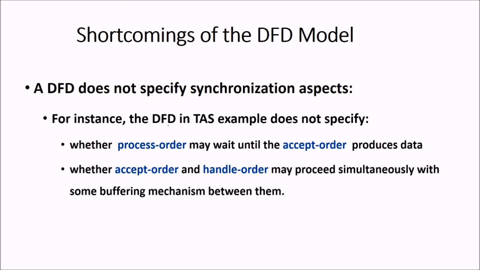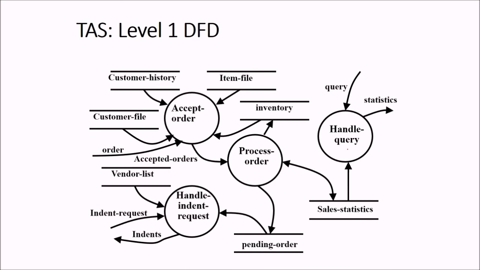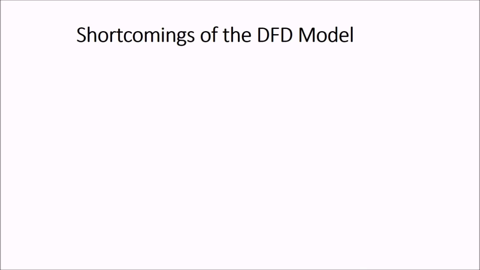For instance, the DFD in the TAS example we discussed at length in the beginning of this discussion does not specify whether process order may wait until accept order produces data, or whether accept order and handle order may proceed simultaneously with some buffering mechanism existing between them. This is the level 1 DFD of TAS, and you can very well see, as we have already shown you, all those things which I told you, you can find out what the shortcomings are.